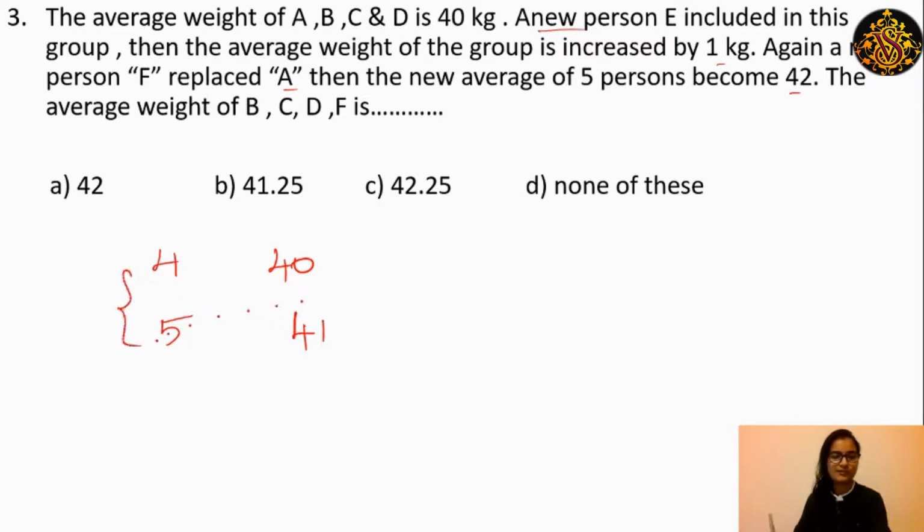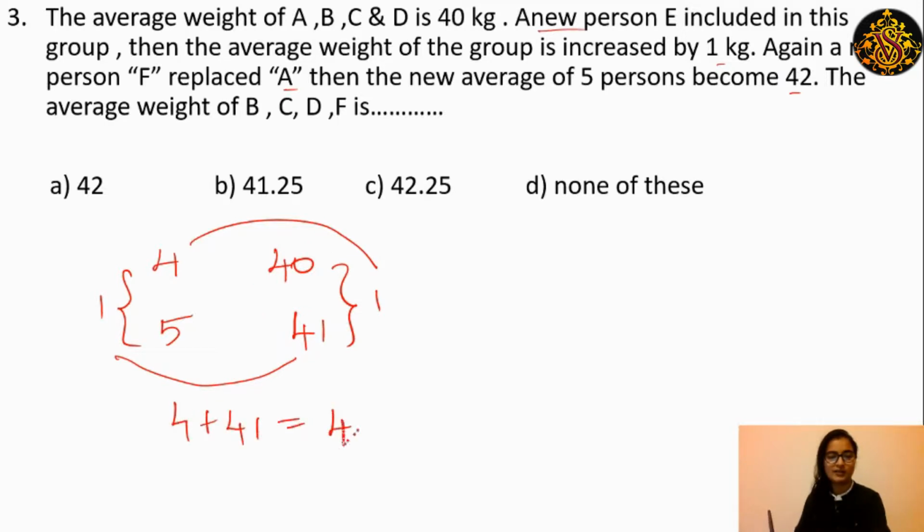So here the difference is 1, and here the difference is also 1. As the same, 4 plus 41, it is 45. This is the value of E, because E is included, right?